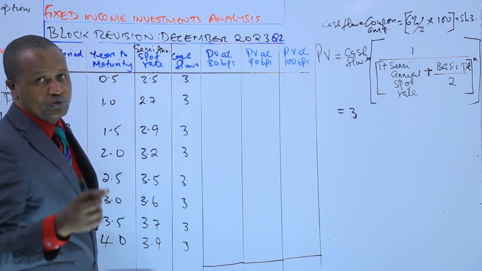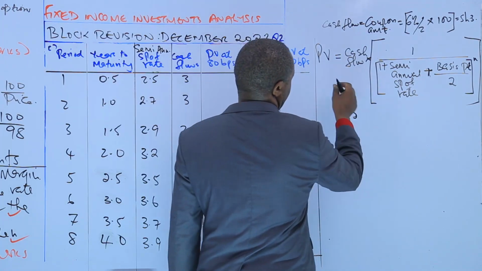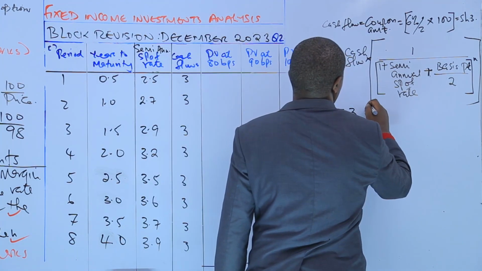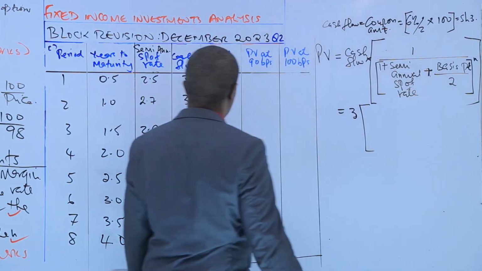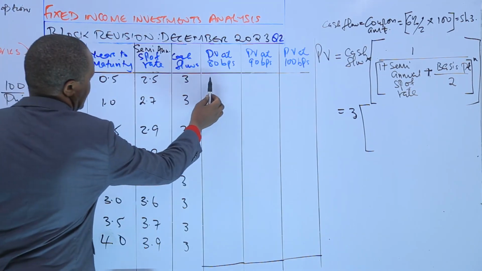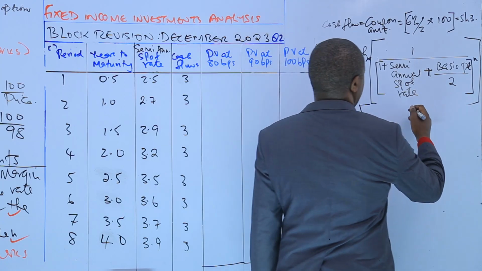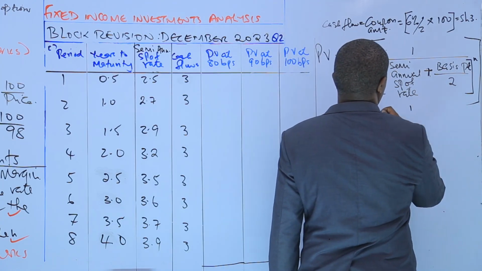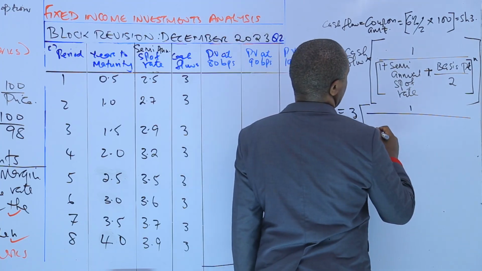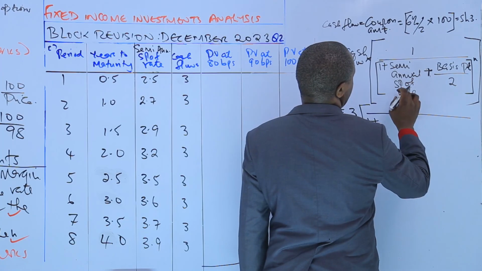What is important for you to know and memorize, first of all, is the formula. So that will be equal to, let's first calculate the present value for period 1 at 80 BPS. This is going to be equal to 1 over 1 plus the semi-annual spot rate.